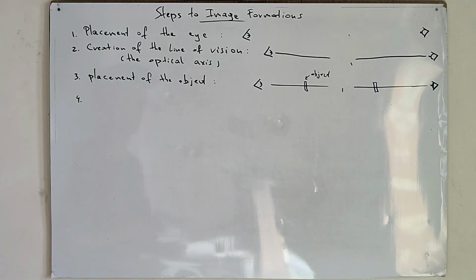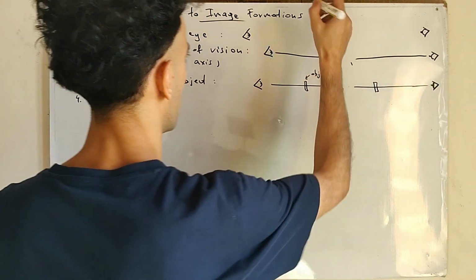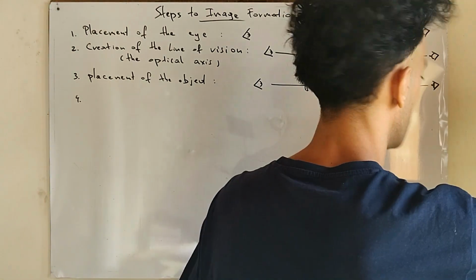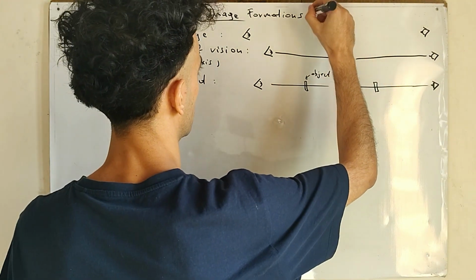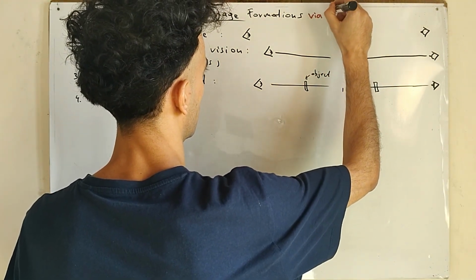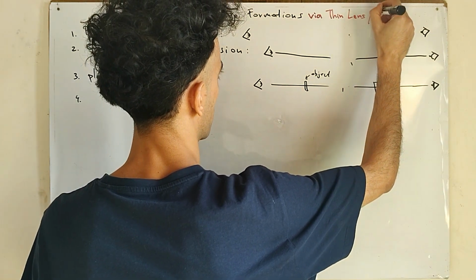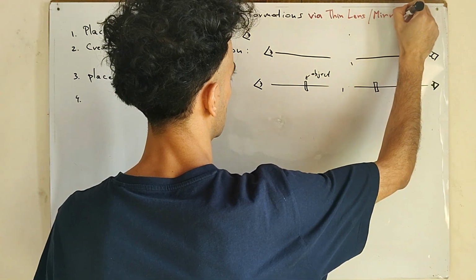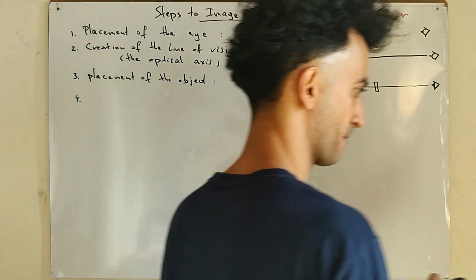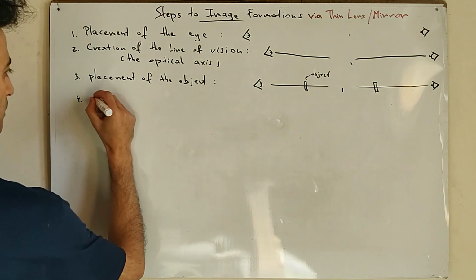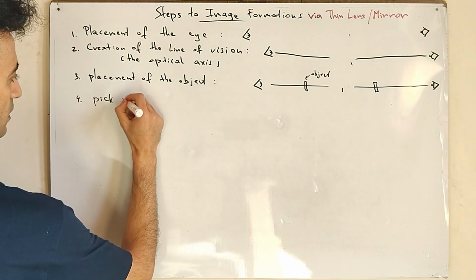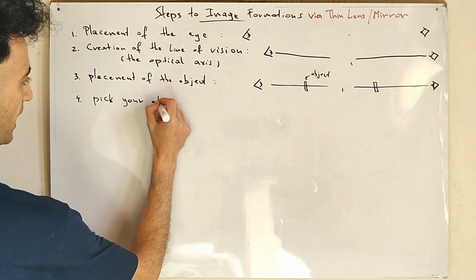What's next? Well, we're talking about image formation through lenses or mirrors, right? Here, thin lens, or a mirror. Okay? So, pick your device. I would say, pick your glass.